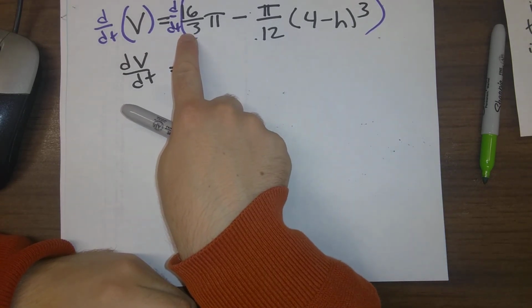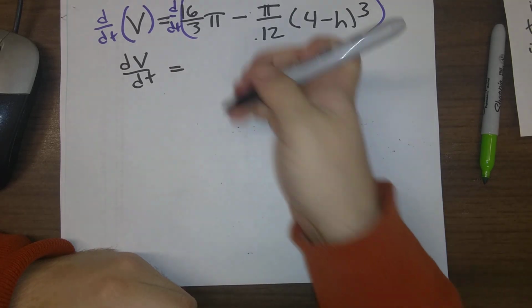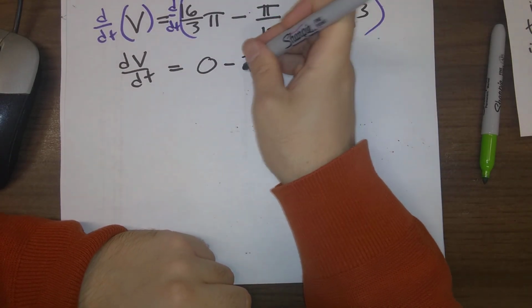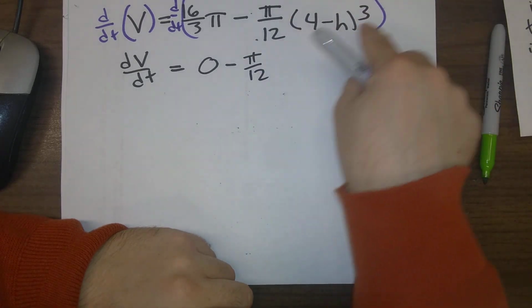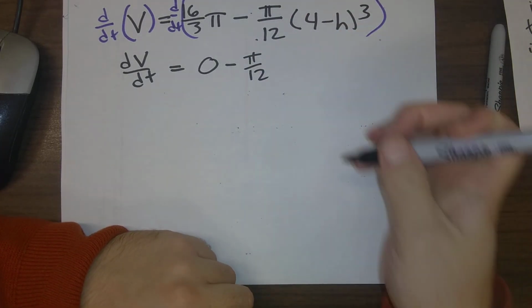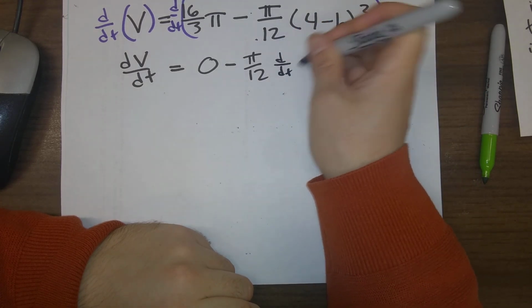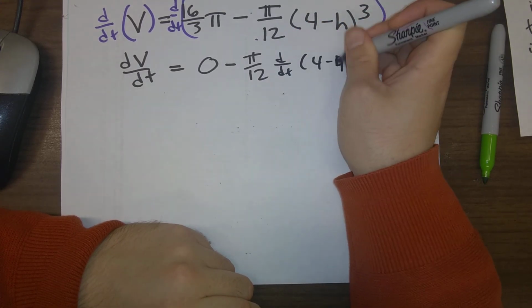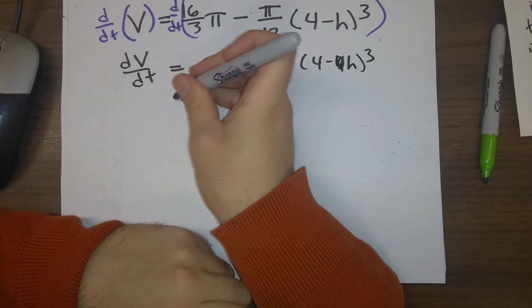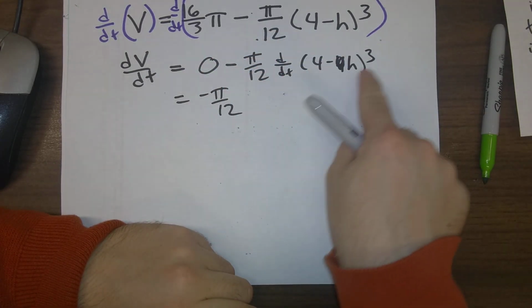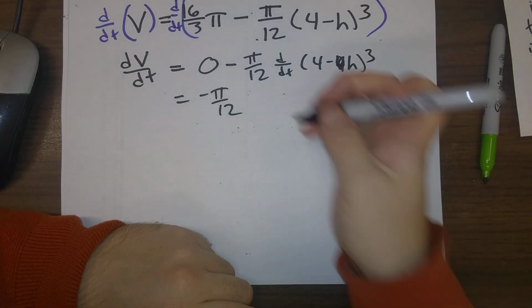Well, 16 pi over 3, that's a constant, so that's 0. So minus pi over 12 times the derivative of this with respect to t. We'll use the chain rule here.